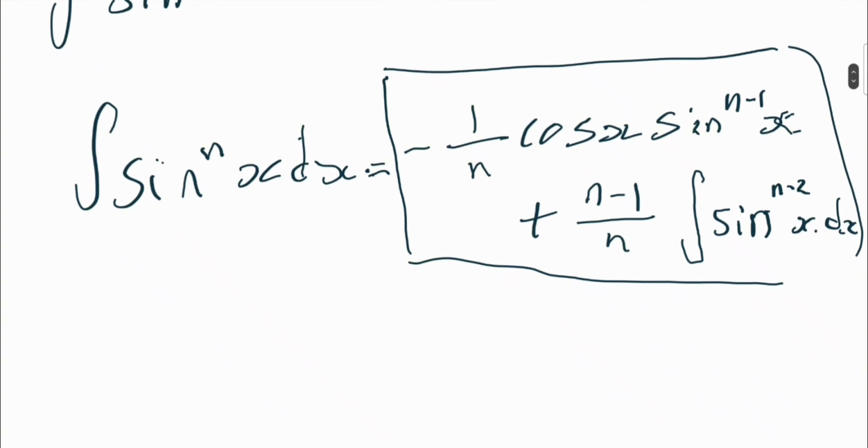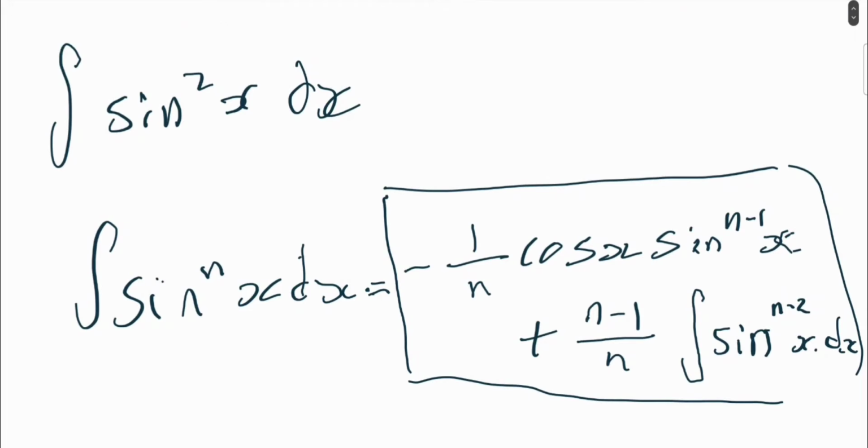So in this case, sine to the 2x, the power is going to be the n, okay? So in this case, sine x to the power of 2, the n is going to be 2.